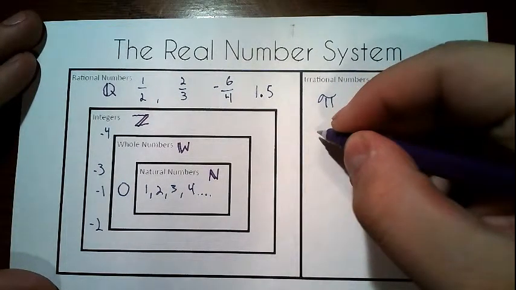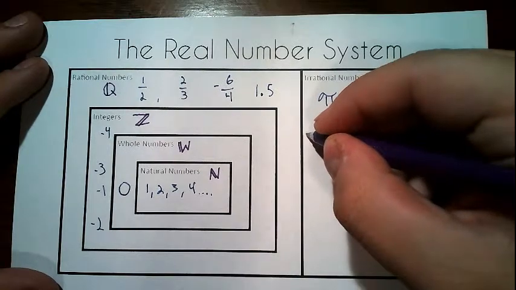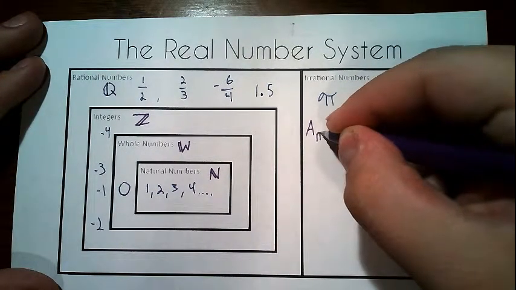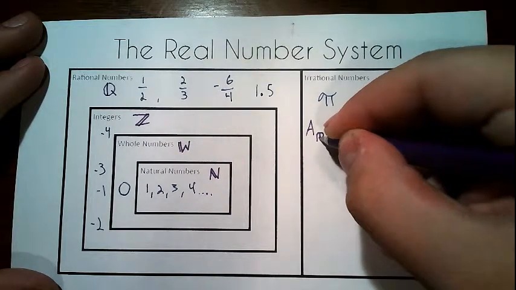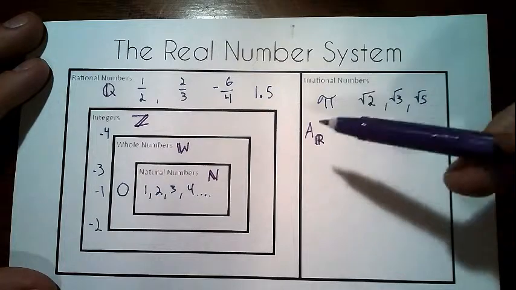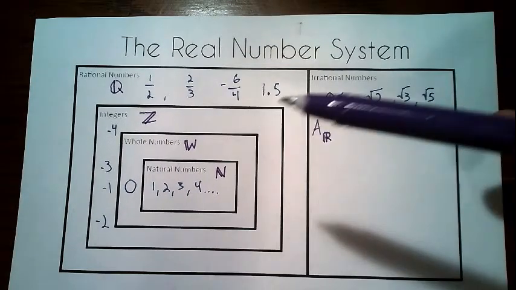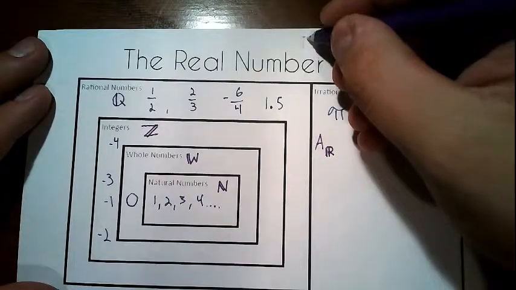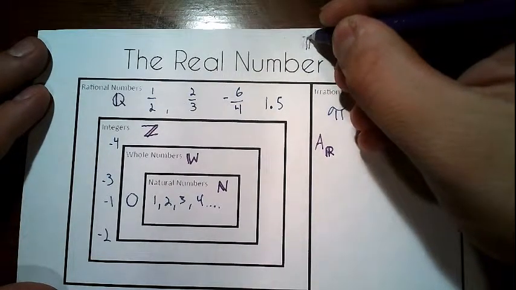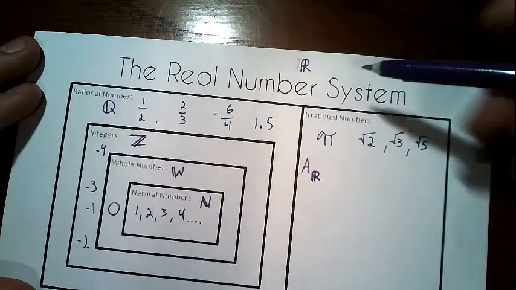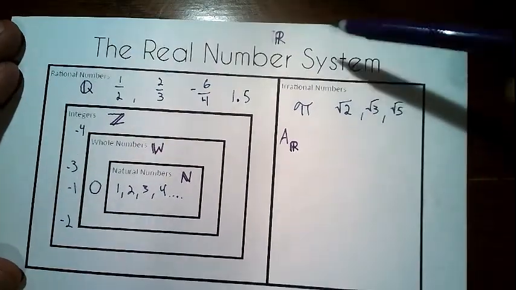And so that symbol is an A with an R. The R stands for this real number system, because the whole number system we're talking about is the real number system.